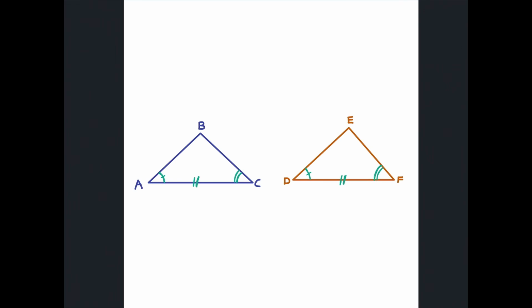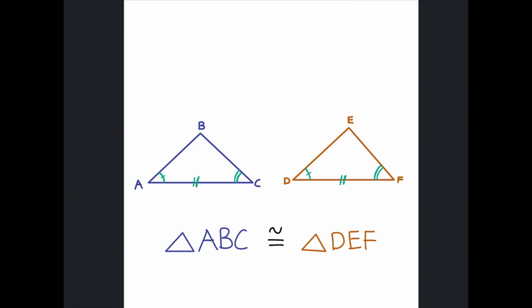Now, if we know that 2 angles are congruent and the side in between them is also congruent, then the triangles are congruent. So, triangle ABC is congruent to triangle DEF.